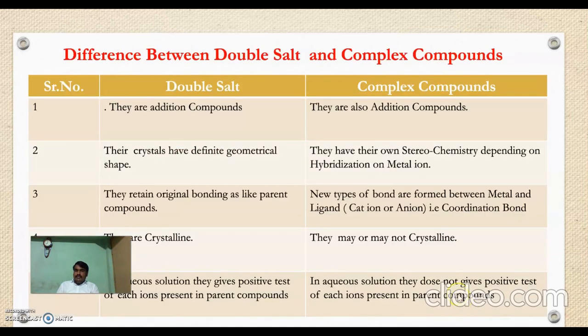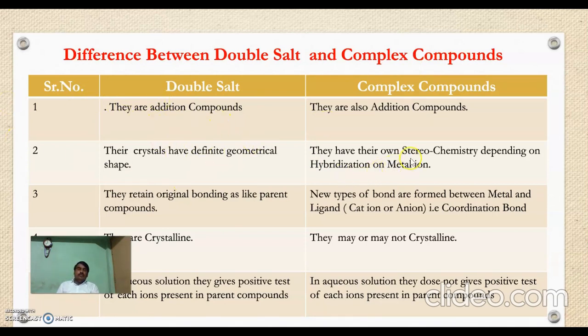Then next, what is the difference between double salt and complex compound? So here this diagram clearly shows what is the difference between double salt and complex compound. Double salts are addition compounds. Complex compounds are also addition compounds. Their crystals have definite geometrical shape.